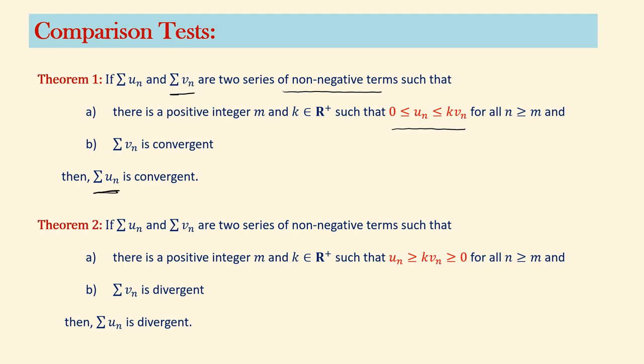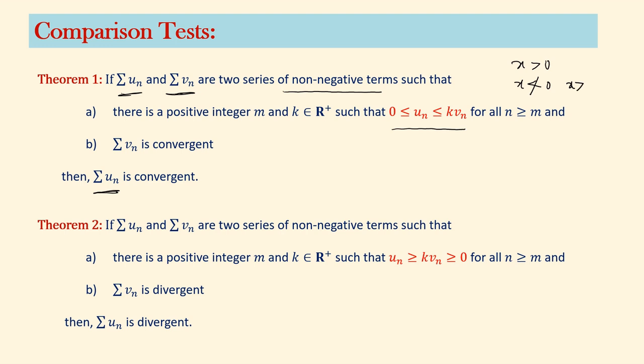So what this is saying, if summation un and summation vn are two series of non-negative terms, non-negative means if x is greater than 0, we say it is positive. If x is less than 0, we say it is negative. So non-negative means x should not be less than 0.